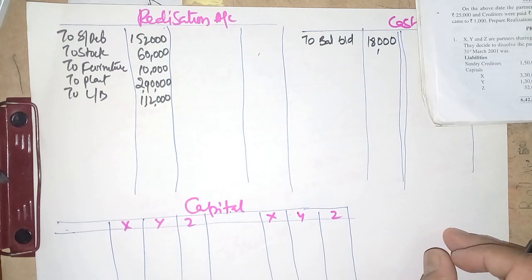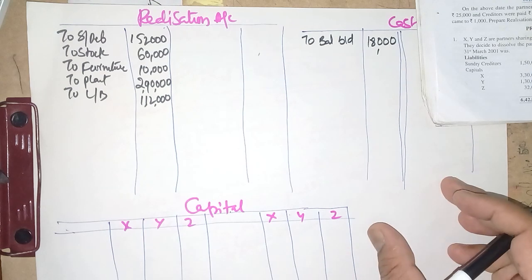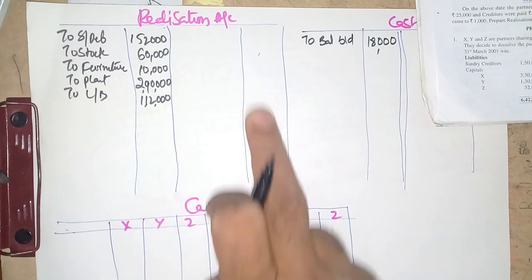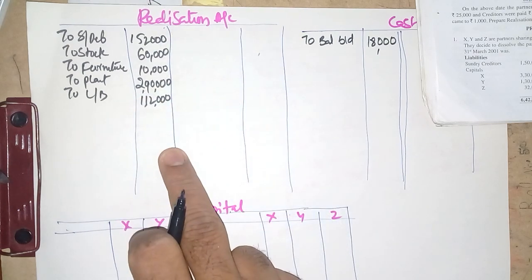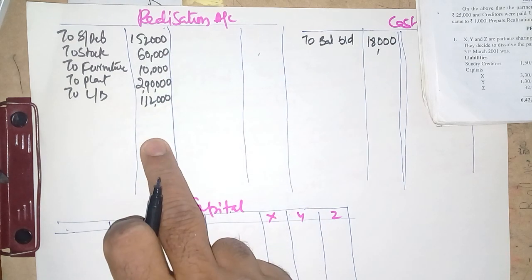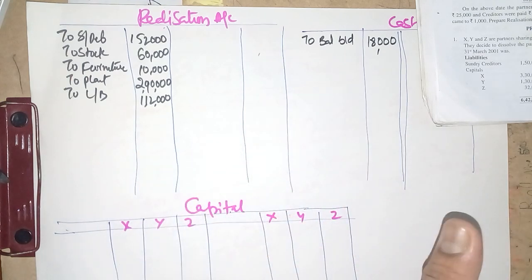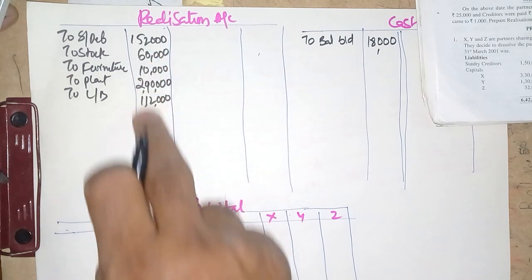So that is the order of payment. That's the reason all the assets should first be transferred to realization account, and realization account is a nominal account. Why do we open this account? In order to do the process of realization of assets. A nominal account always shows profit or loss that will be transferred to partners, right? So first we have transferred all the assets.